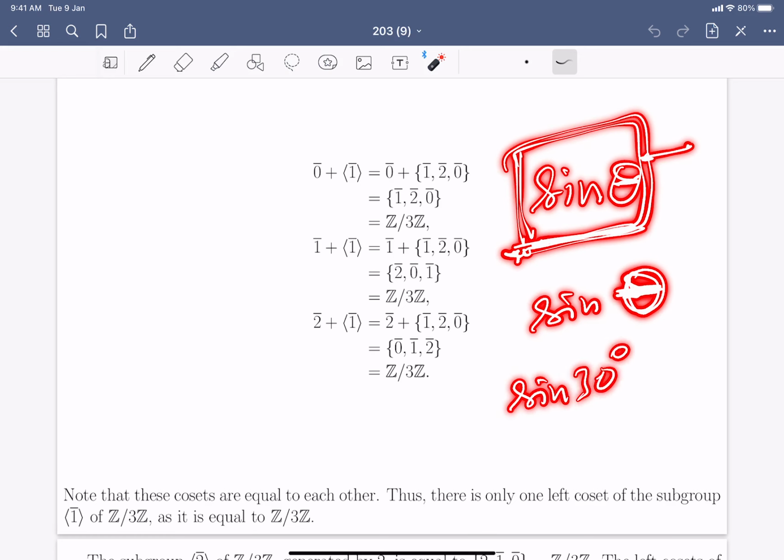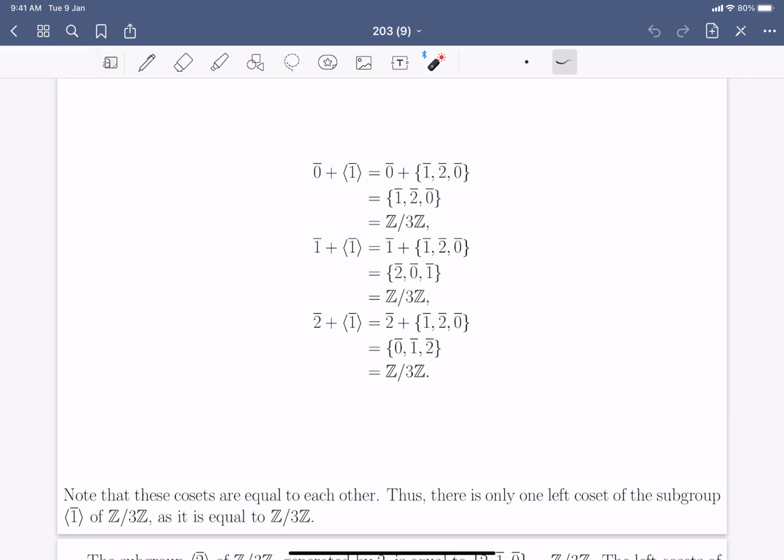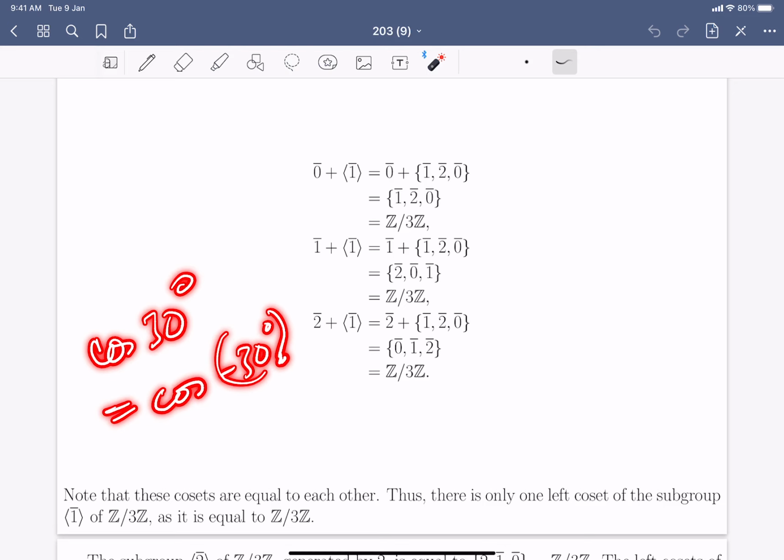So for example, let me write it with cos. So for example, cos 30 degree is cos minus 30 degree, right? But it doesn't mean that 30 degree is equal to minus 30 degree, right?